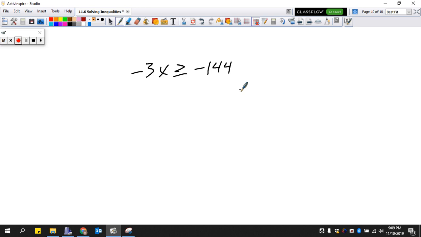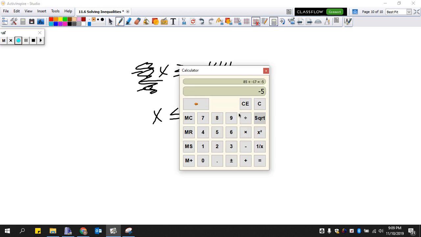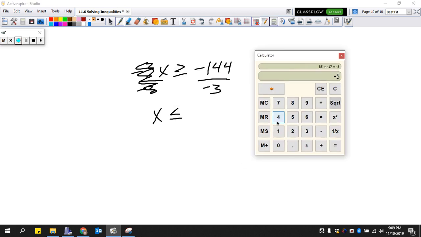Now this negative here doesn't matter. What matters is that we're dividing by a negative 3. The 3's cancel out. X is less than or equal to, and negative divided by negative is a positive, so 144 divided by 3 is equal to 48.